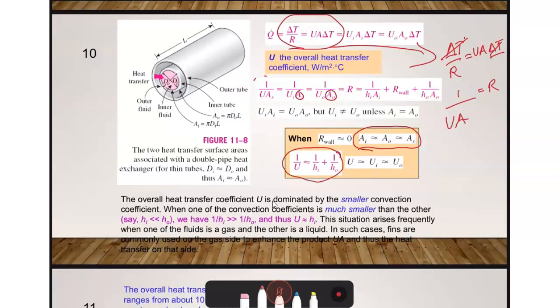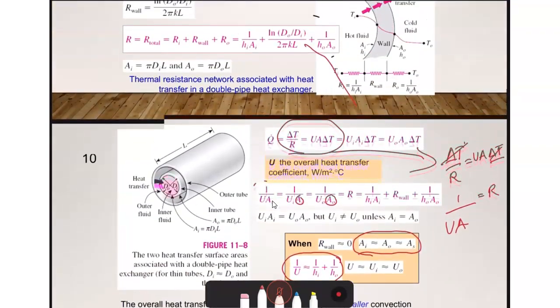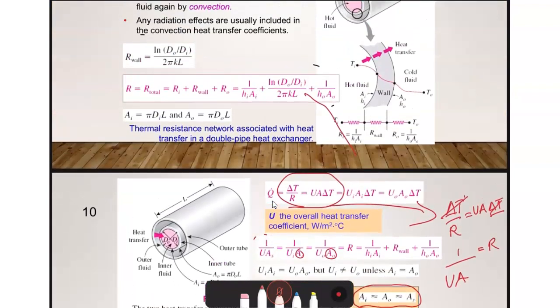Why? Because they are more or less the same numbers. If, for example, this is ln D, this is ln 1 over 1, over 2 pi KL, we got ln 1 over 1 is equal to 0.